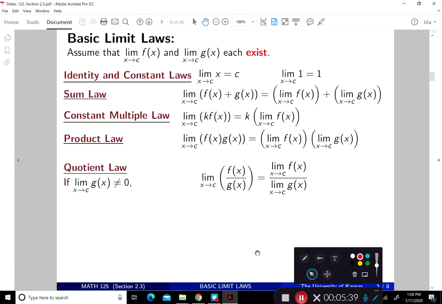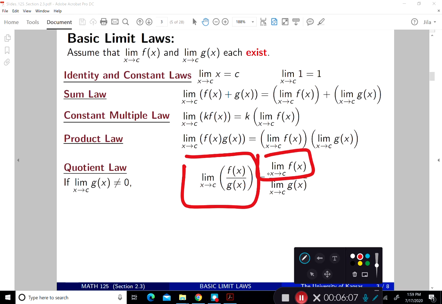A quotient law requires one extra assumption besides that f of x and g of x both have limits as x approaches c, and that is the limit of the denominator should not equal 0. Then the limit of the quotient is going to be the limit of the numerator divided by the limit of the denominator, basically.